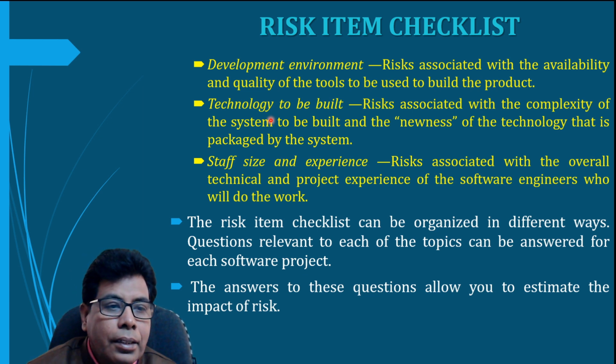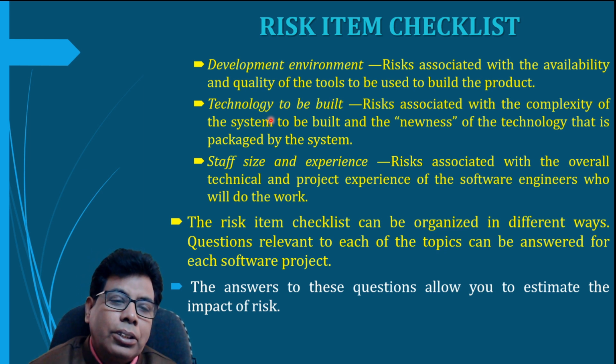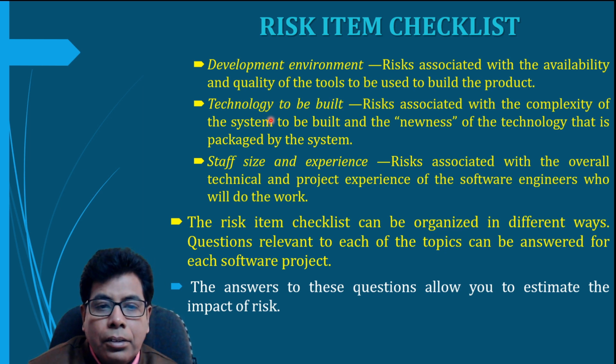Then the risk atom checklist can be organized in different ways. Questions related to each topic can be answered for each software project. So when we are identifying the risk, at that time we organize the checklist and then try to answer the questions.